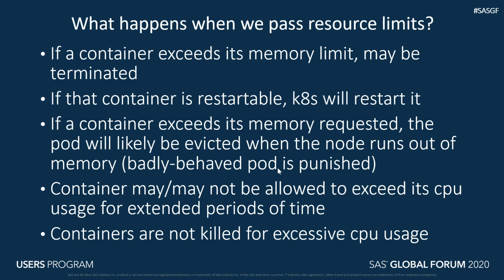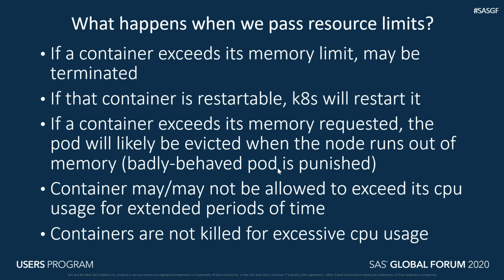So if a container exceeds its memory requested, the pod will likely be evicted when the node runs out of memory. So the badly behaved pod is punished. That means if it's exceeding the memory requested, it can be evicted by Kubernetes, kicked out so that it's no longer running in the system.